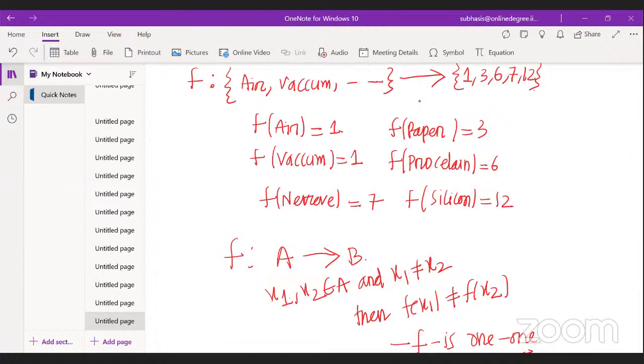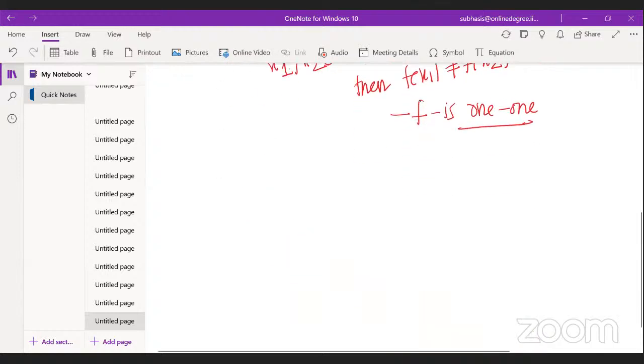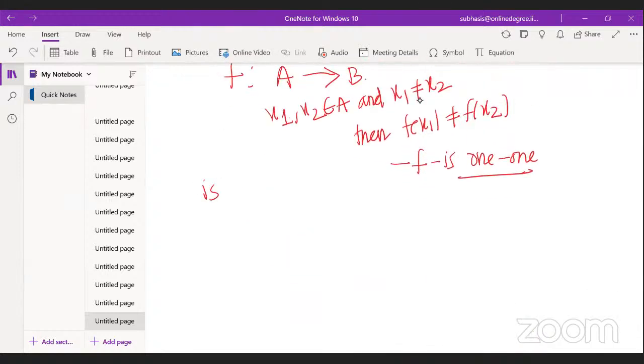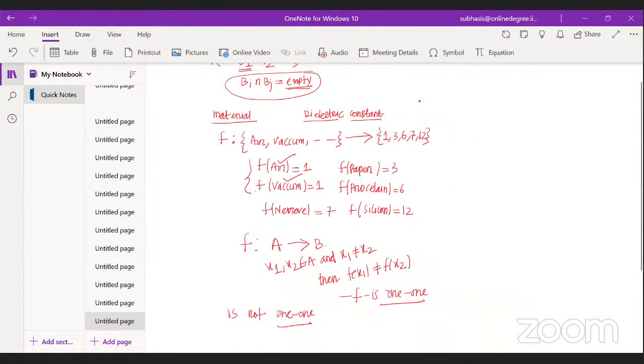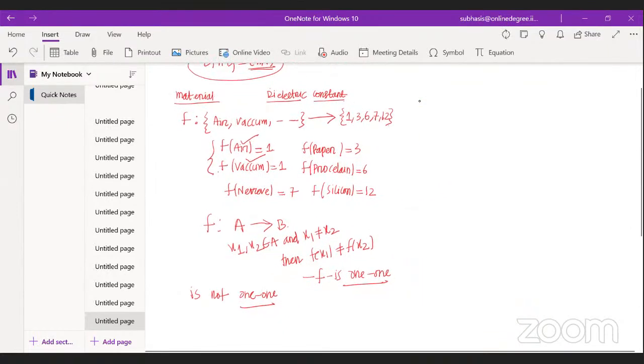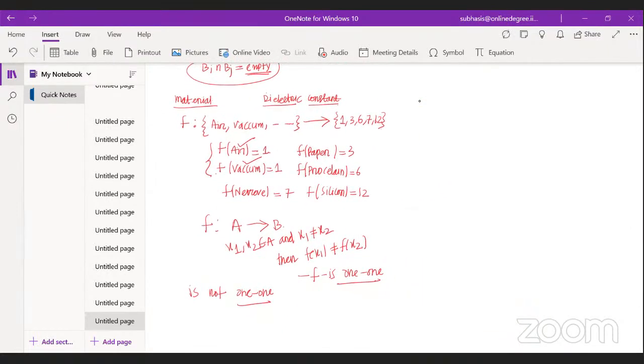As you can see, you have air and you have vacuum, but the image of air and vacuum are both the same. So this function is not 1-1. What about onto? Whether this function is onto or not?